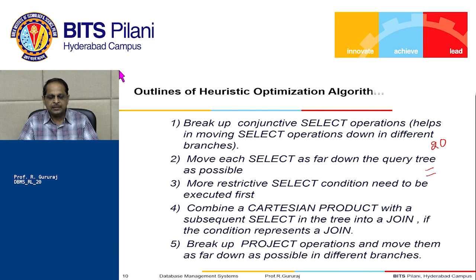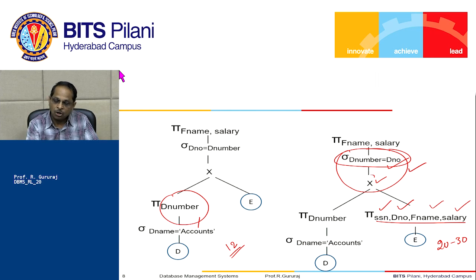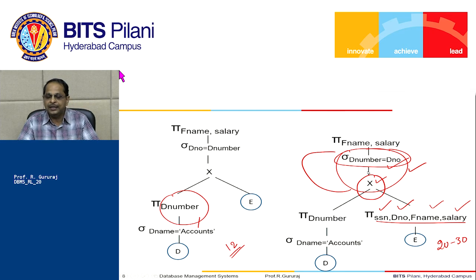And the next rule is that combine the Cartesian product with a subsequent select in the tree into one single join operation if the condition represents a join. That's what we have done in our example. Here a Cartesian product was there, immediately followed by some join condition, which is the condition for the inner join.